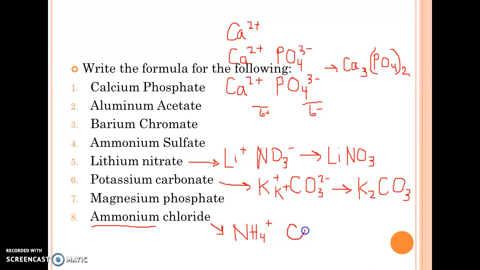And now we're going to find chlorine, which is in group 17, and it has a -1 charge. Both of these together have an overall charge of 0, so we do not need parentheses because we're only going to have 1 ammonium ion. Remember, ammonium is NH4, so you have to write the 4 down there. And then we have chlorine.